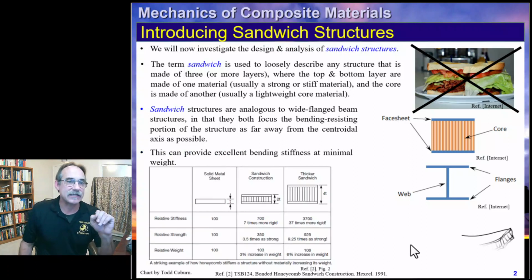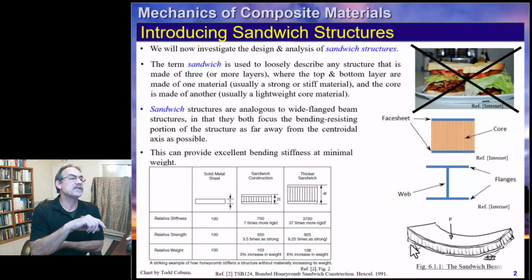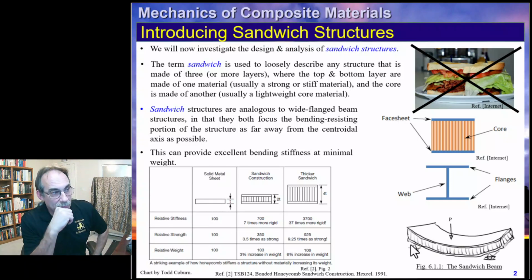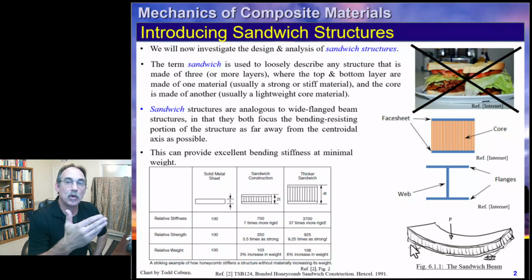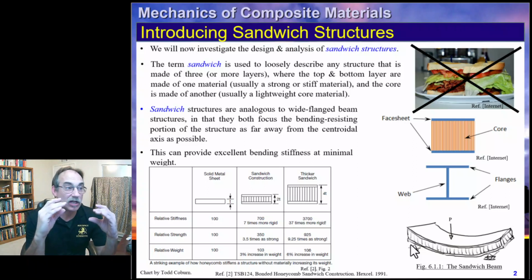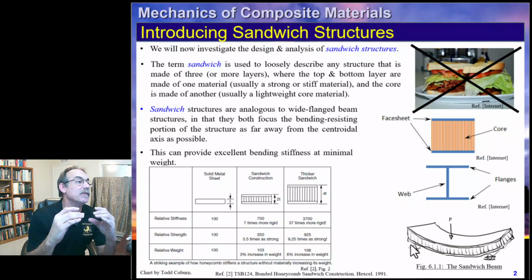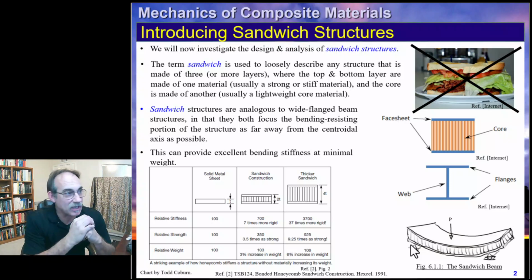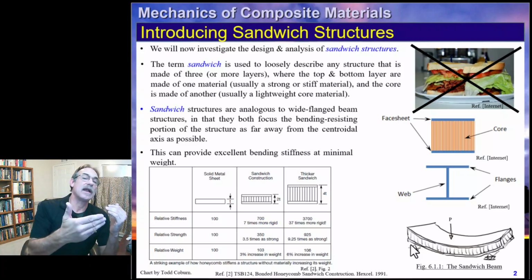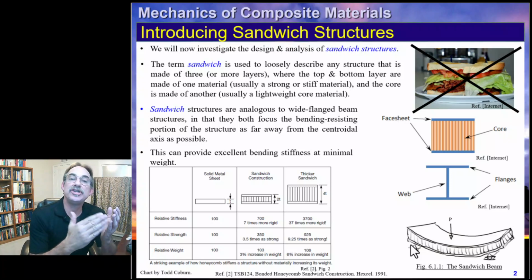Now, if you look at the Hexcel data sheets, this little figure on the left is from TSB 124, and they show a typical ratio. If you have a solid rectangular block of material with thickness T, and its relative stiffness is 100%, it shows how stiffness, strength, and weight change.